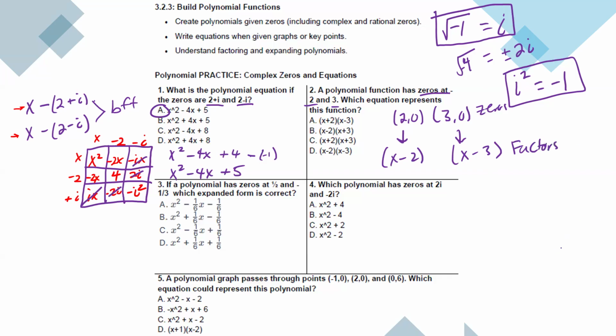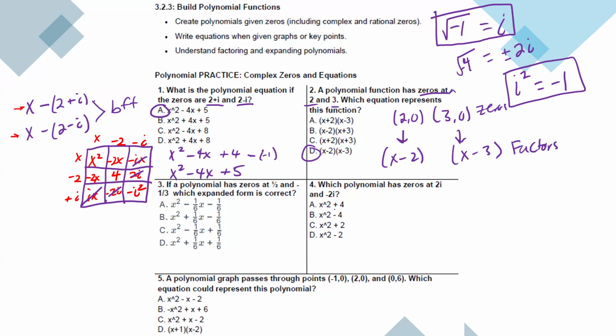Does that seem doable? So we go from zeros to factors, and obviously our answer would be D. Okay. Do you think it changes? Is that a negative? We're going to pretend that that's not there, okay? You see nothing. You saw nothing. We're going to treat it as a positive 2 and call it a day.